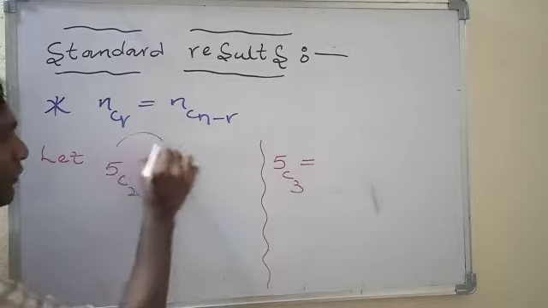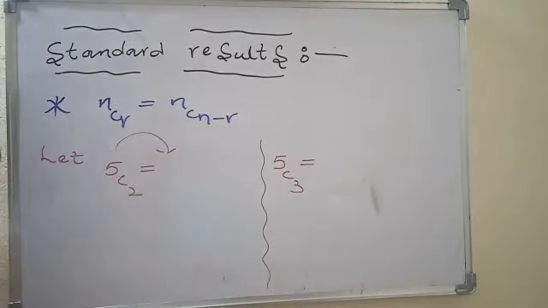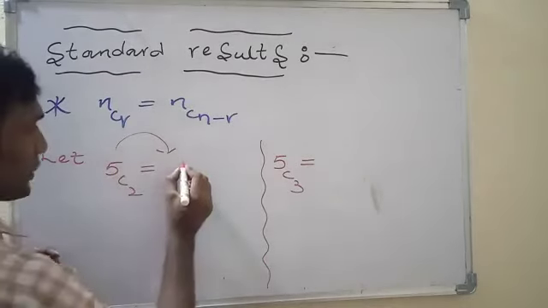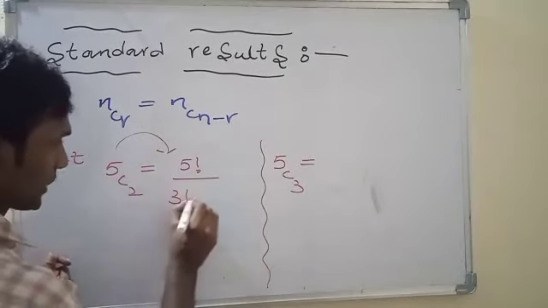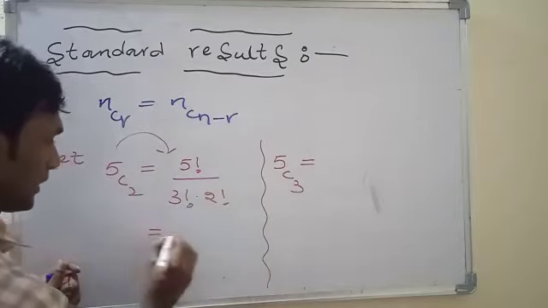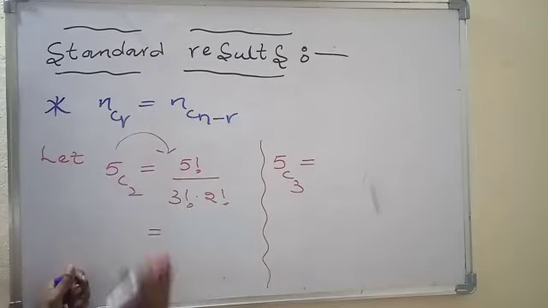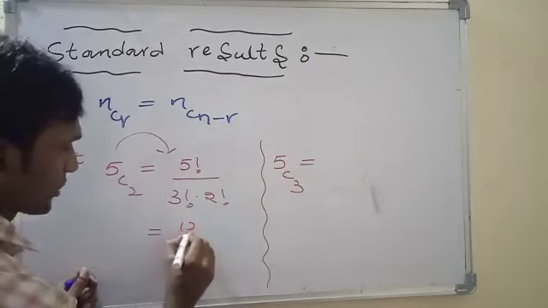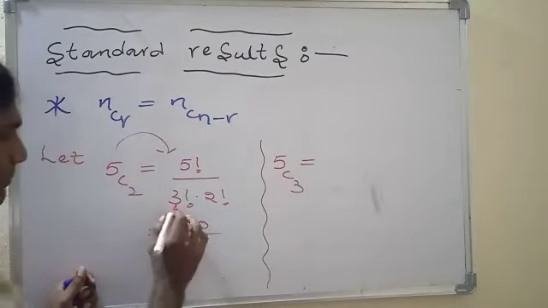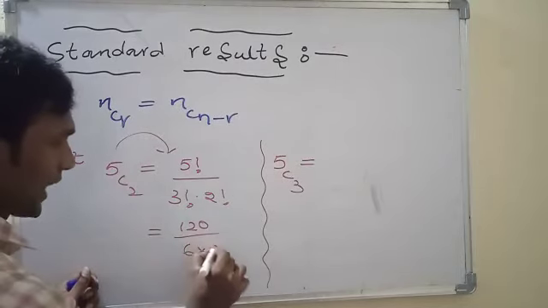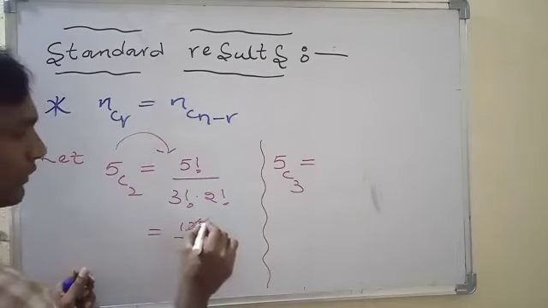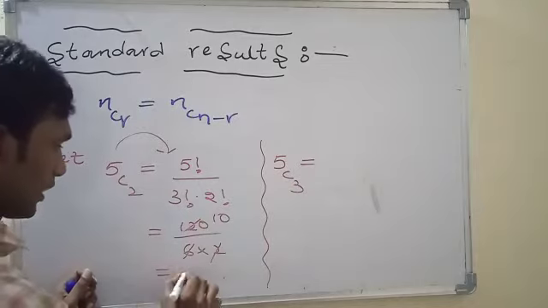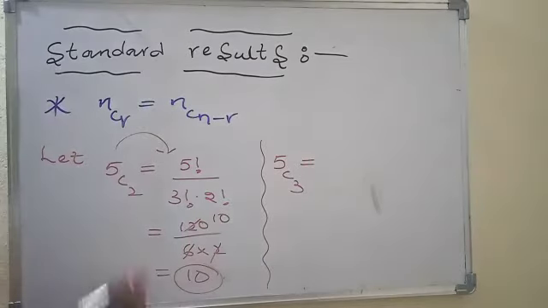Now find the value of 5c2 using the standard result of nCr. 5c2 means 5 factorial by 5 minus 2, that is 3 factorial into 2 factorial. 5 factorial means the product of 5 consecutive natural numbers, it is 120, by 3 factorial 6, 2 factorial 2. Now 6 twos are 12, 12 in 120 goes 10 times. Now the value of 5c2 equals 10.